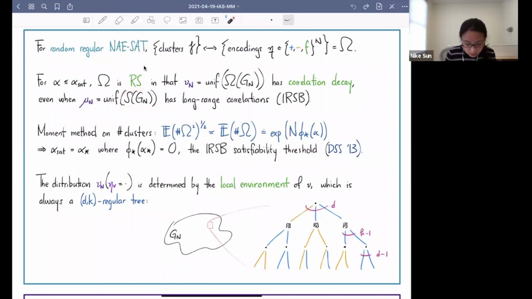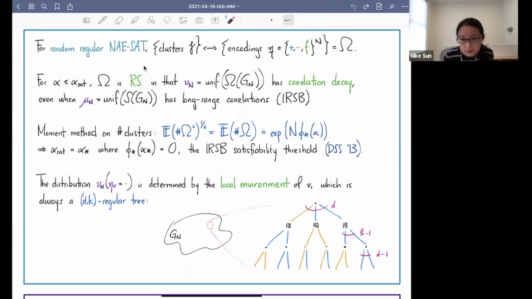We're interested in the distribution of this plus-minus-free variable under the uniform measure on omega. Because we believe this model has correlation decay, it should be determined by the local environment of v. It shouldn't matter what you see far away, because it's sort of independent of things that are far away.